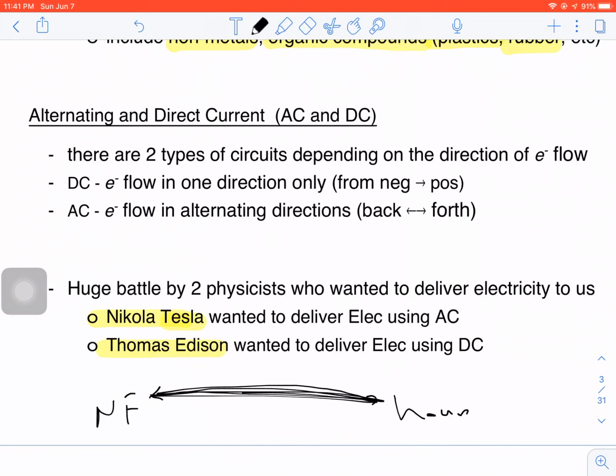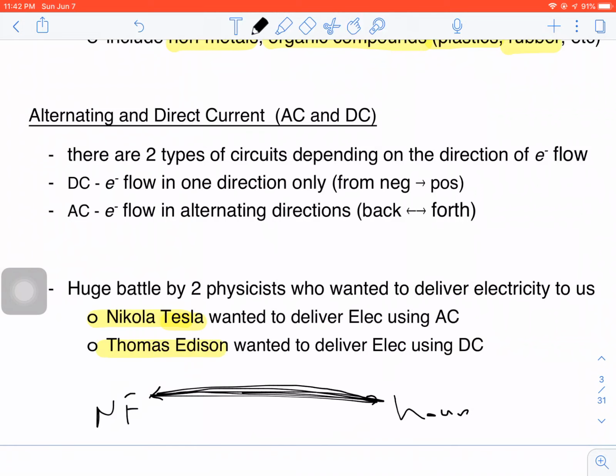I'm going to send it forward and backwards, forward and backwards, and it's actually going to change direction 60 times per second. Now, that number 60 hadn't arisen yet, but that's what you have in your house today. You have electricity coming and going through the two prongs of your plug.